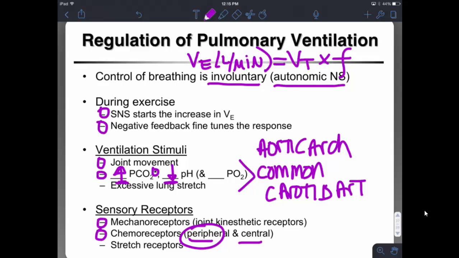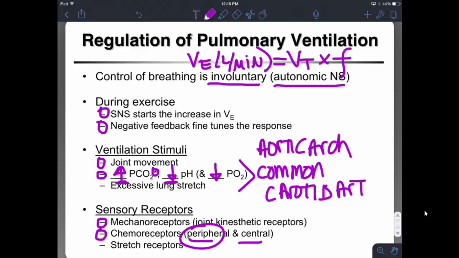Okay. The third thing that could affect breathing would be a drop in PO2. Okay. Theoretically, yes, if PO2 dropped in the aortic arch or the common carotid artery, this would be a problem. This would indicate a need for more ventilation, and it would cause an increase in ventilation.